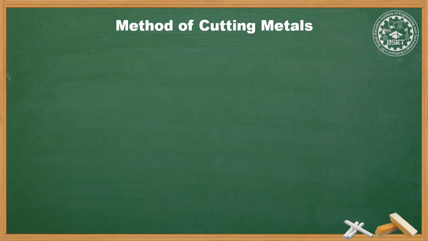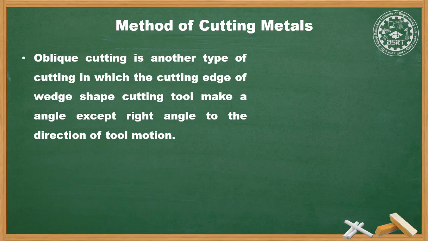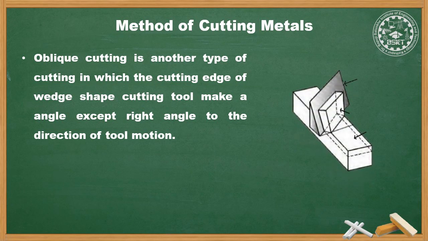The next type of method of cutting metal is oblique cutting. Oblique cutting is another type of cutting in which the cutting edge of a wedge shape cutting tool makes an angle other than a right angle to the direction of tool motion.